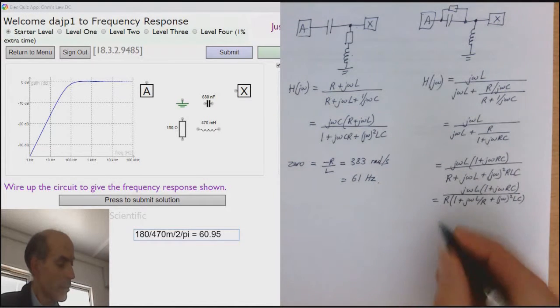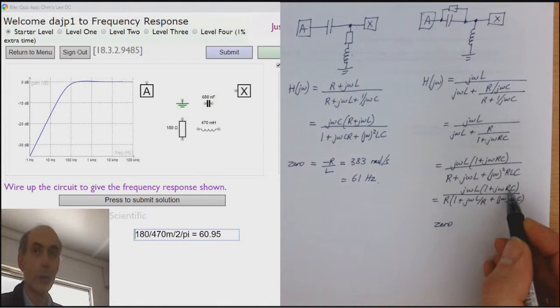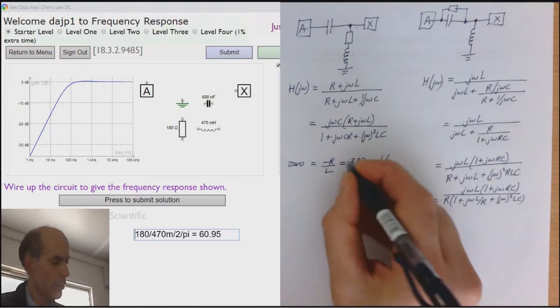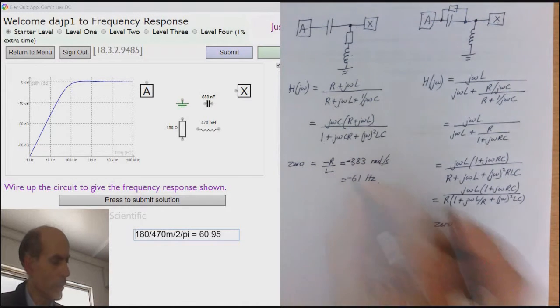Over here, the additional zero is when 1 plus j omega RC is equal to 0. Strictly speaking, these are negative as well.